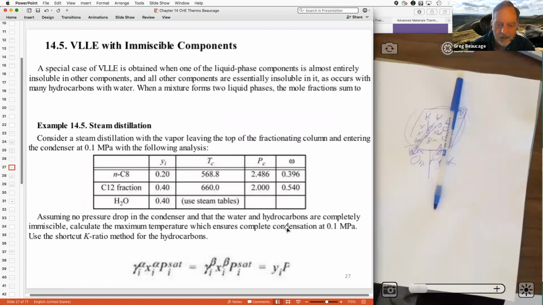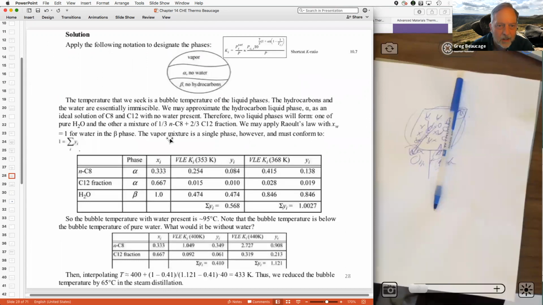So it means you want to find the bubble point, because complete condensation means to form a pure liquid. What's the first place where you see vapor, right? So that means that's the bubble point, right? And the bubble point happens when the sum of y equals 1. You take the composition to be the liquid. So the input composition is liquid, it's x, and then you're trying to find the sum of y equals 1.